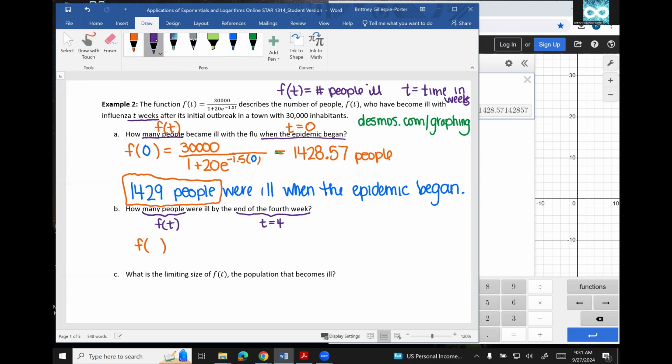So every time we see t, we are going to plug in 4. So we wind up with 30,000 all over 1 plus 20 e to the negative 1.5 and plug in our 4.